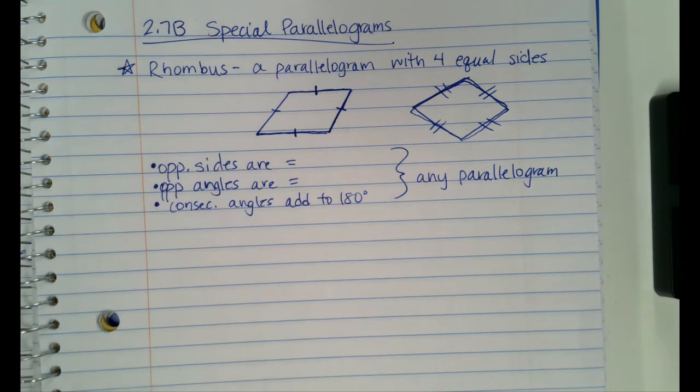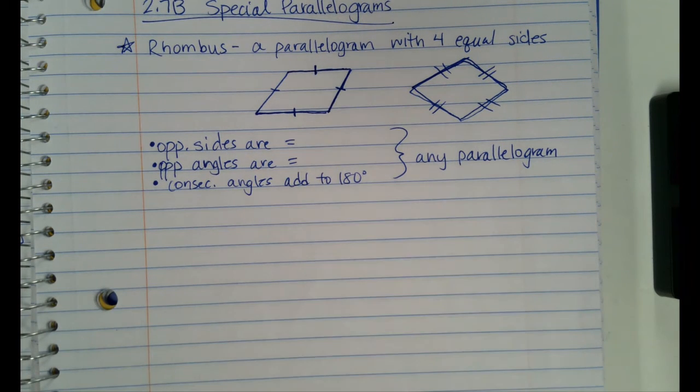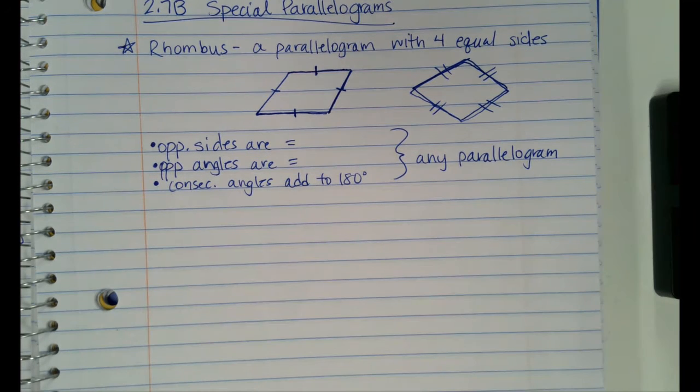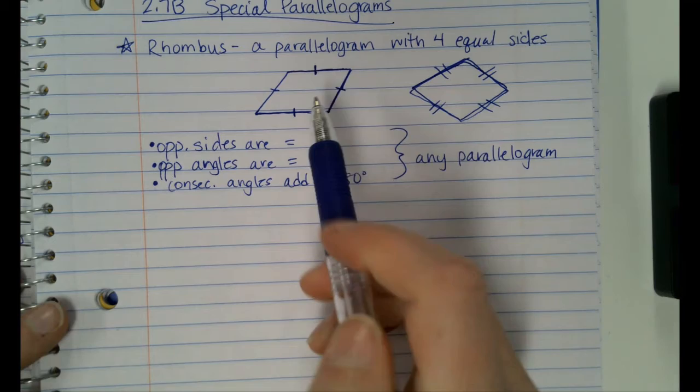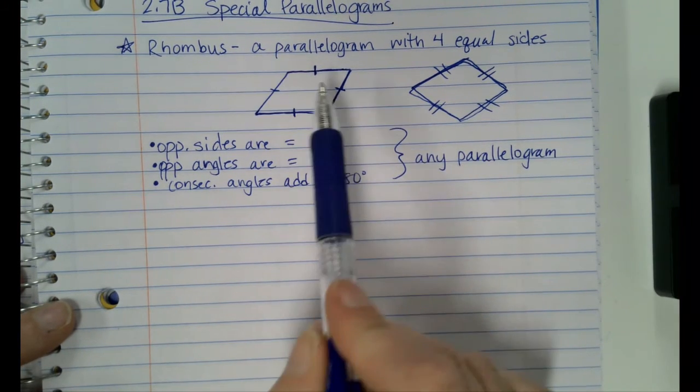Yeah, they are, because a rhombus is a kind of parallelogram. All right, so that's our first one. Our special parallelogram is a rhombus. A rhombus is when all of the sides are equal, not just the opposite sides, but all of them.